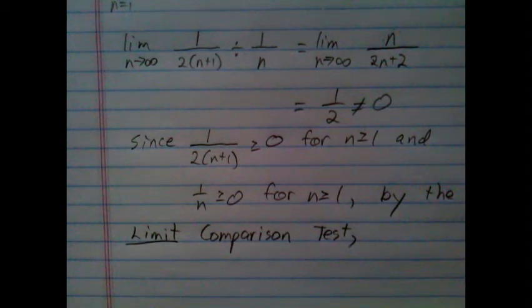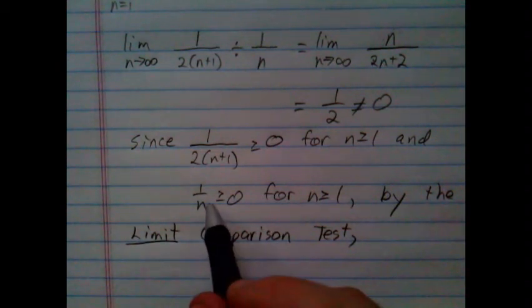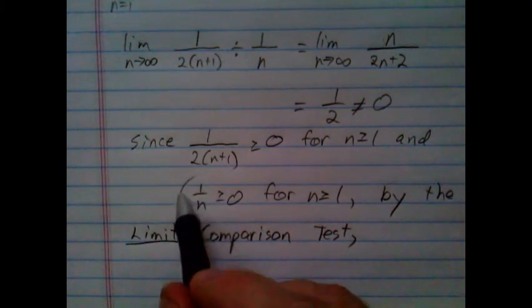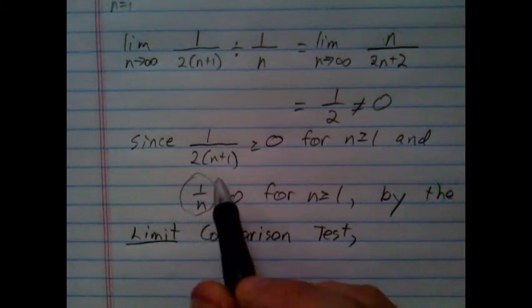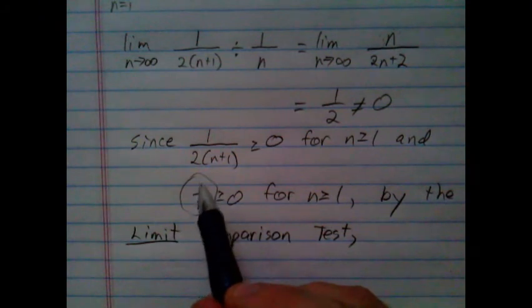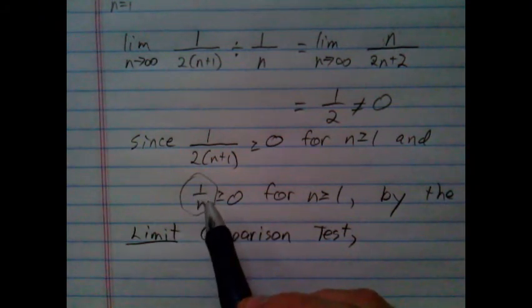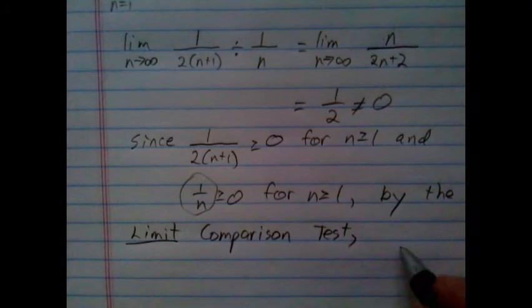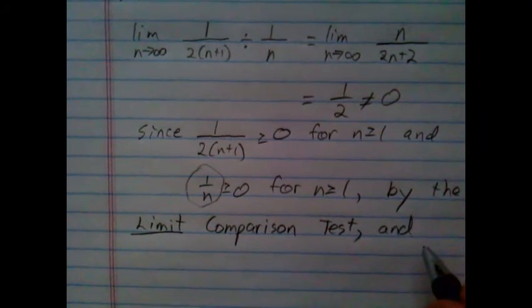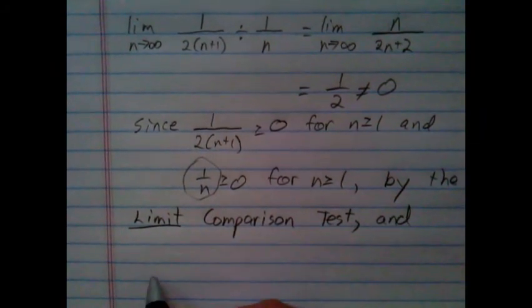By the limit comparison test, the conclusion that I make also depends on knowing whether or not the series whose nth term is 1 over n diverges. So I'll just toss this in, I should have said it sooner.